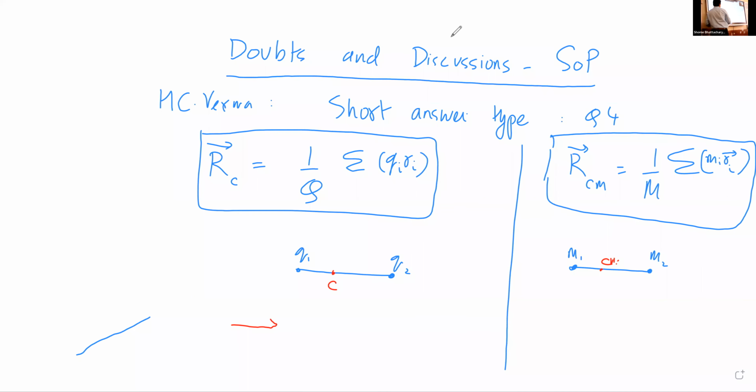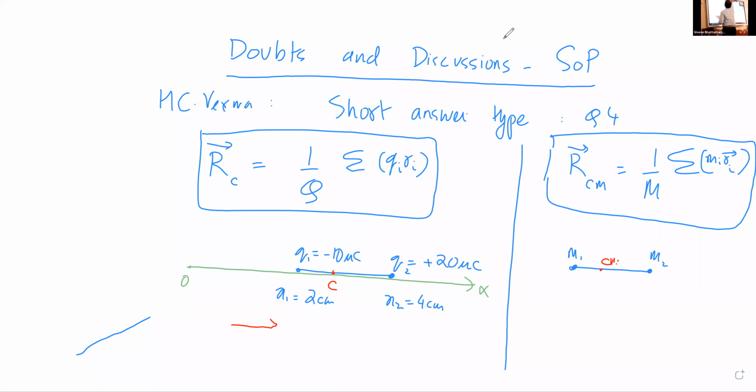Let's answer the question like this. Let's say that this is our x-axis over here, and this is the origin. Now take the case where Q1 is, let's say, minus 10 microcoulombs and Q2 is plus 20 microcoulombs, and X1 is, let us say, 2 centimeters and X2 is, let us say, 4 centimeters.